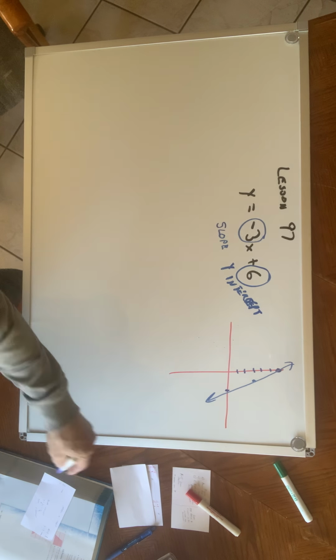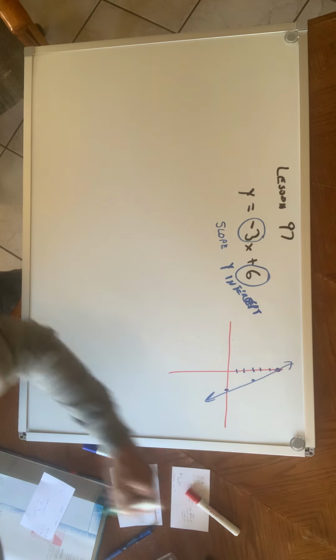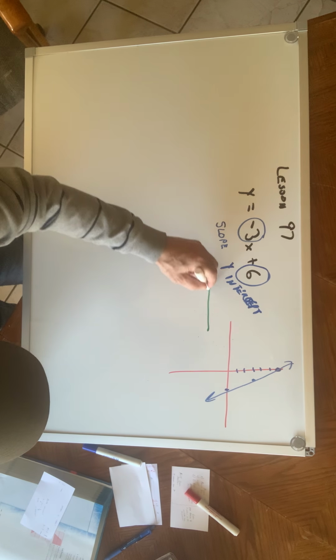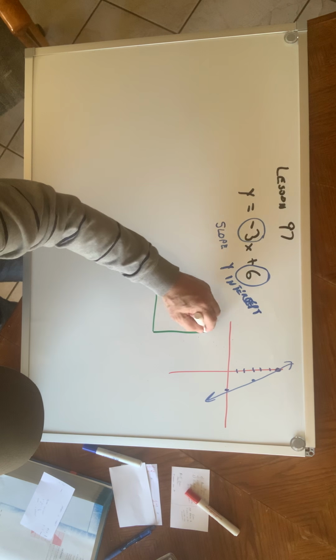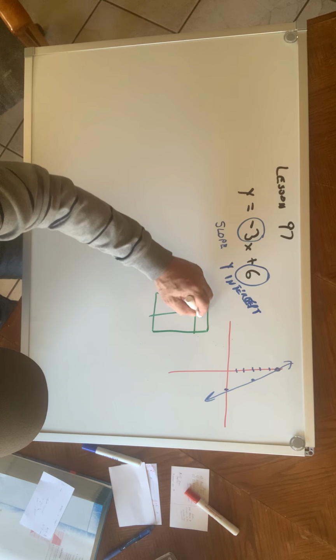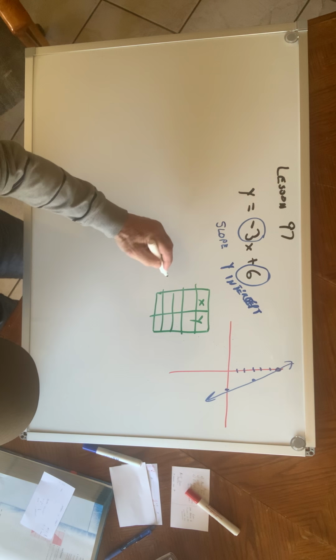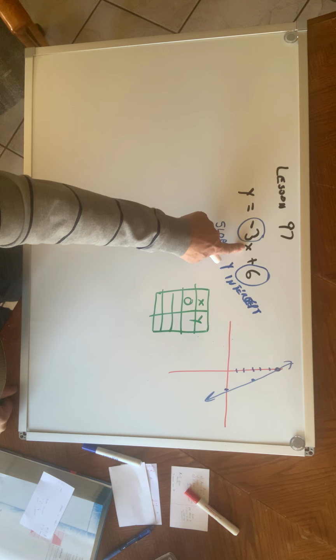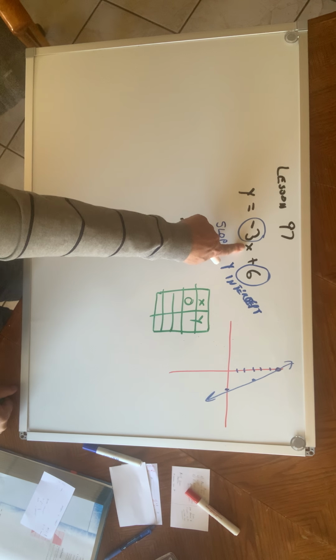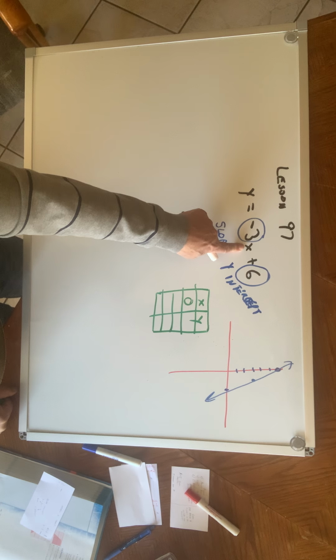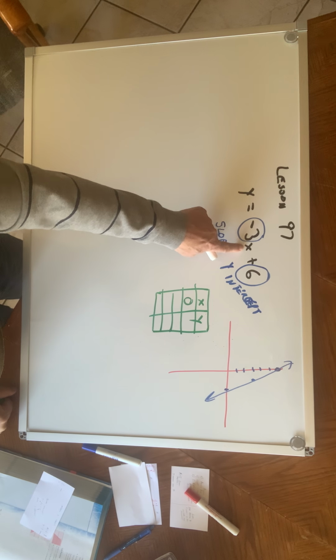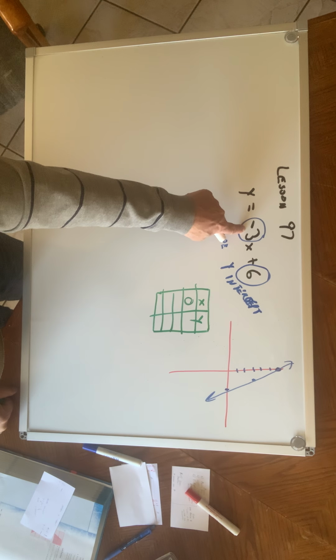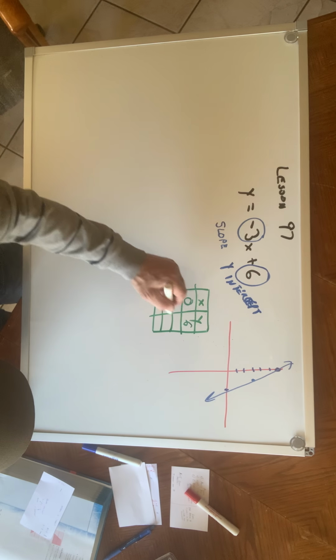The other possible way that we could do this is, in the past, we've just made a chart, x and y. We filled in some numbers we like. We always like 0. So if I plug in 0 here, I'm going to get 0 times negative 3 is 0 plus 6 is 6.